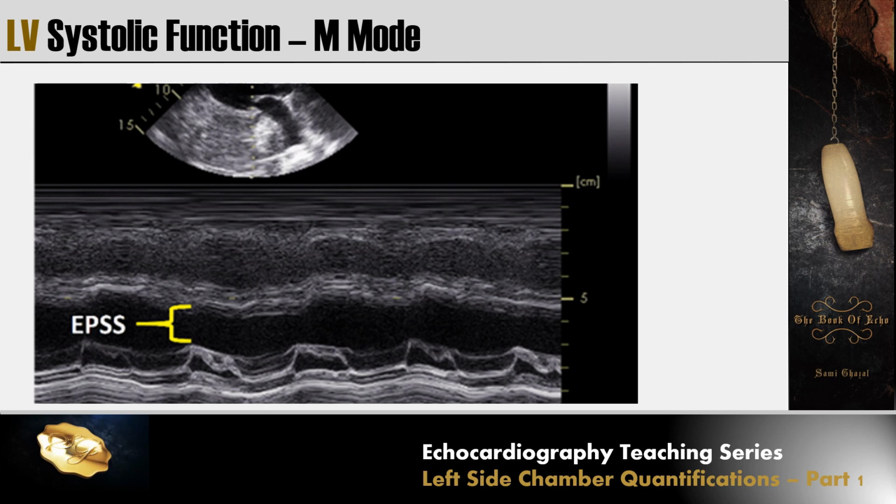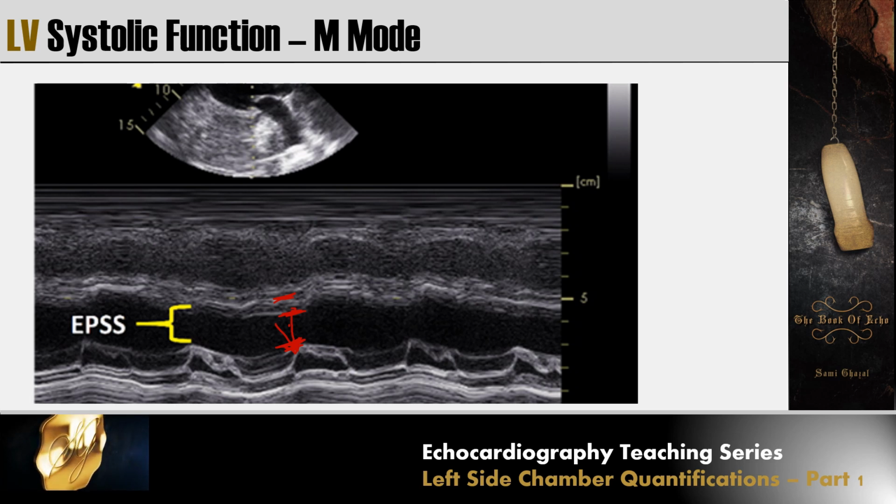Having said that, there is something called EPSS, which is the E point septal separation. As we mentioned, this E point here is the peak of anterior mitral leaflet opening, and this is the septum. So it is the space between the septum and the E point. The bigger the space, the less transmitral volume.